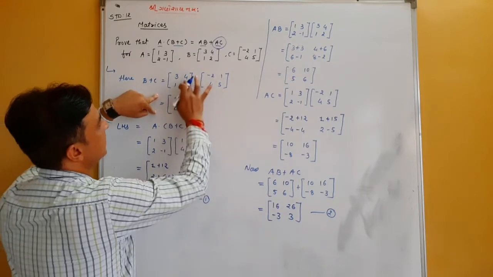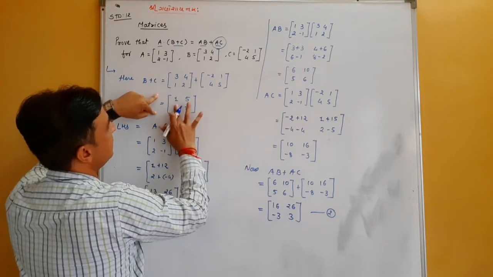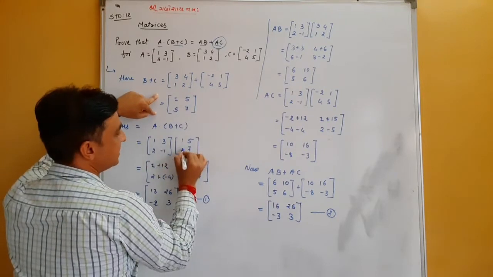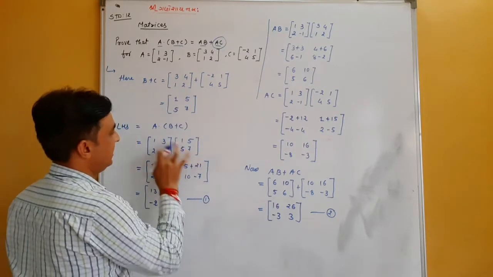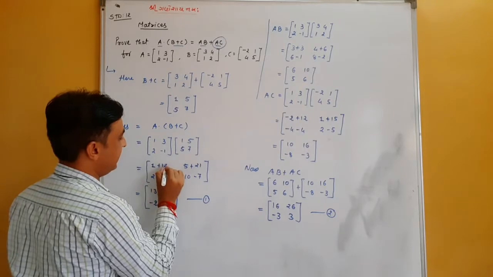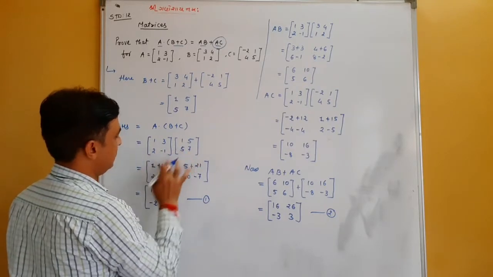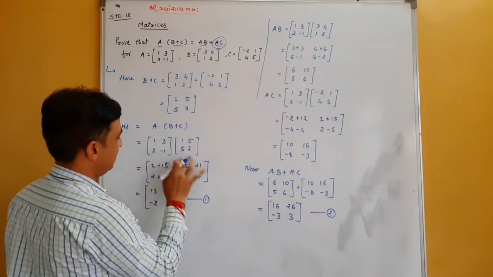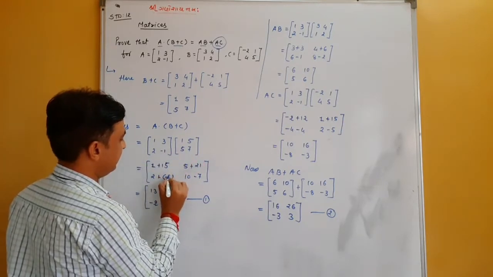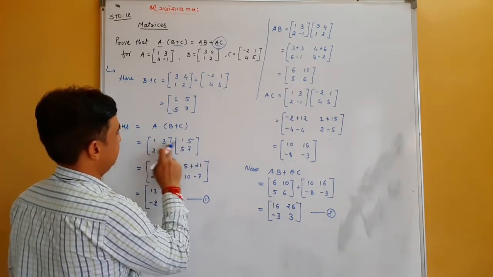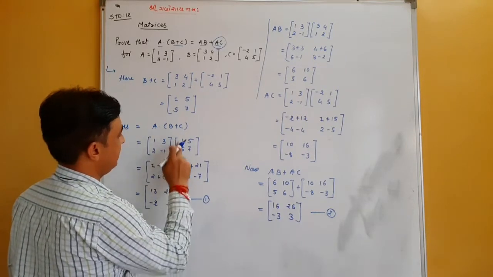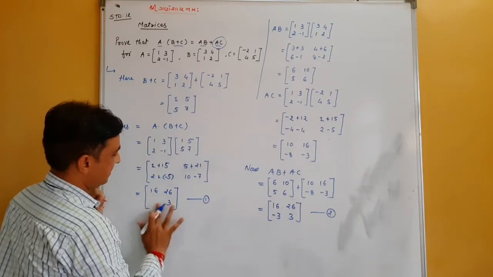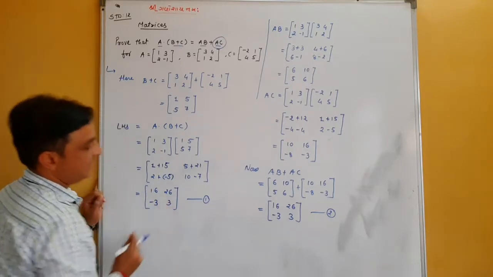3 minus 2 is 1, 4 plus 1 is 5, 1 plus 4 is 5 and 7. So that means this is 5. 3 5s are 15 and 2 5s are, sorry, minus 5. 1 5 1 5. Okay, so then this is 16 and minus 3.